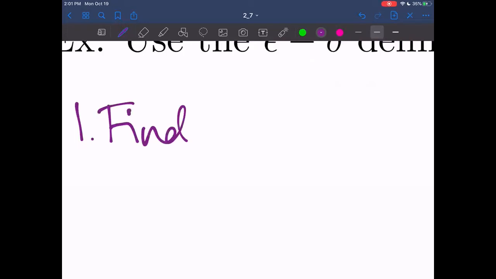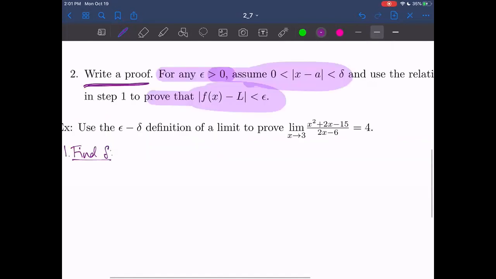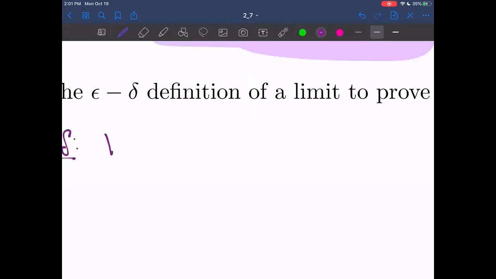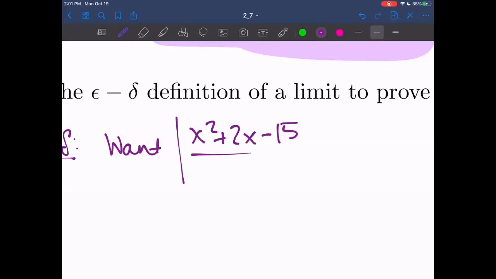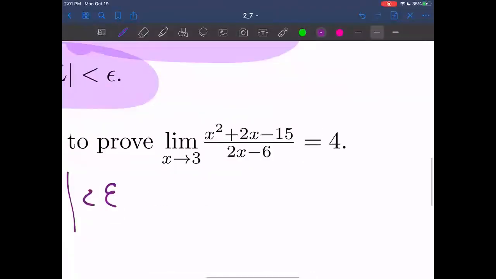Okay, so our first step will be to find delta. So what do we want? We want the absolute value of (x squared plus 2x minus 15) over (2x minus 6), minus 4, less than epsilon. Looking at our limit, we've got a is 3, L is 4, and we've got our function.